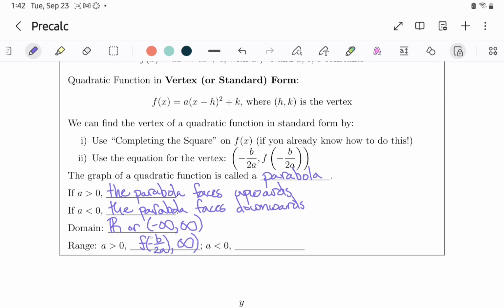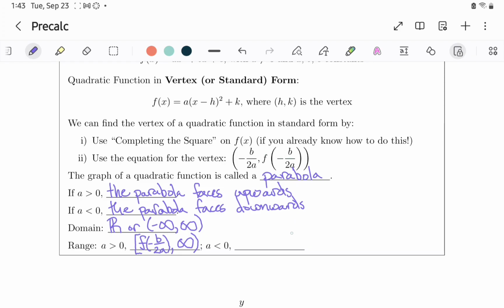And since the graph of our parabola will go through its vertex, we do include the left endpoint of the range here. And if a is less than 0, well, now the right endpoint of our range, so the highest point on the graph of the parabola, is going to be the vertex.